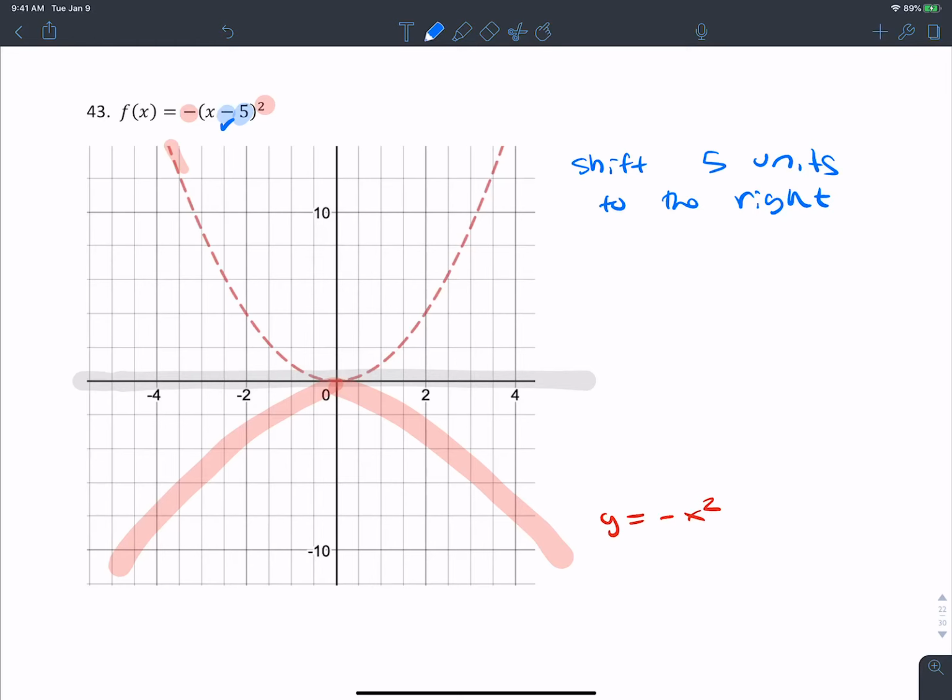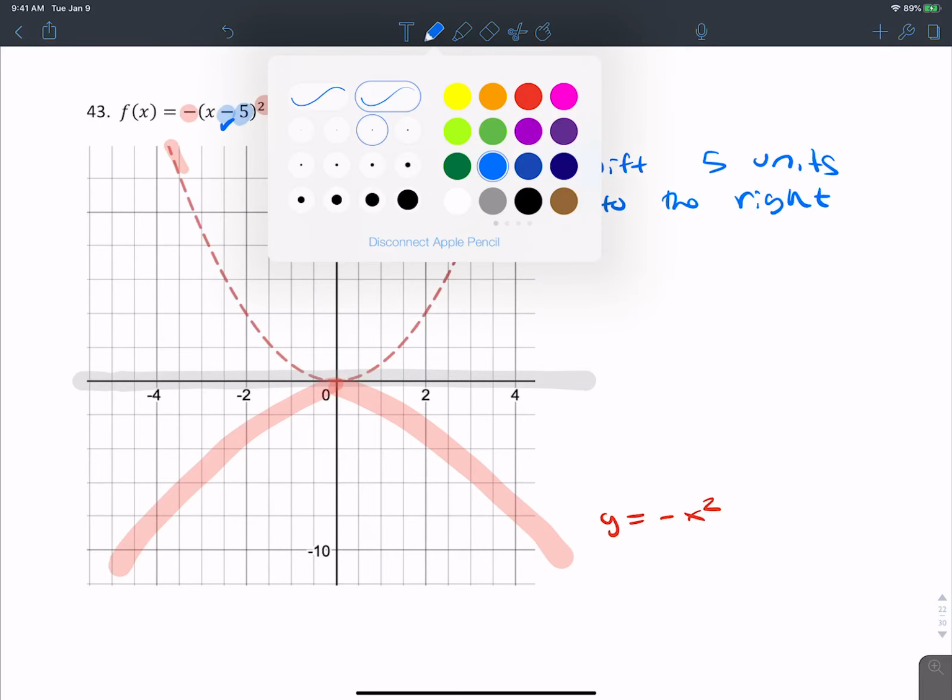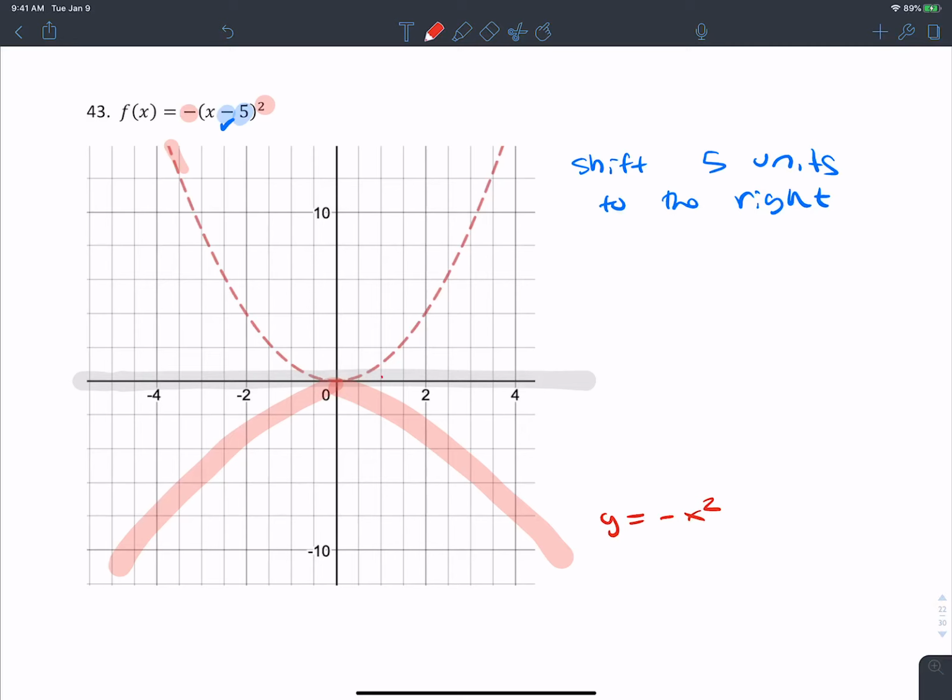Because when it's minus, that's a right shift. So if I do that, I'm going to have to shift now my y-axis to the right 5 units. And so this is going to be 1, 2, 3, 4, 5. So I'm going to be off this graph paper, but we can handle that.